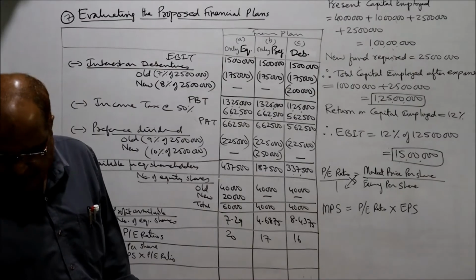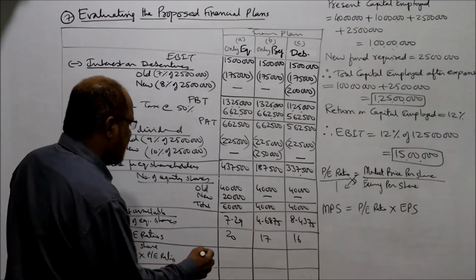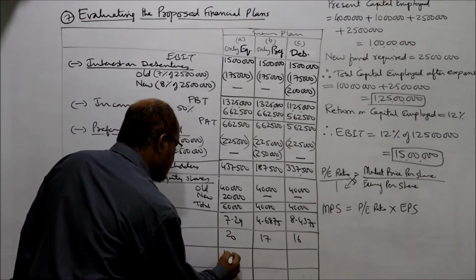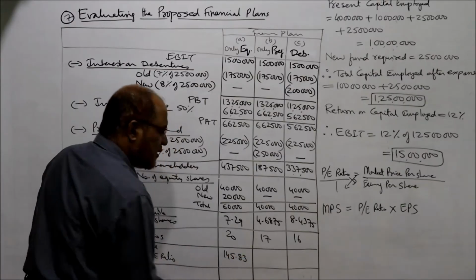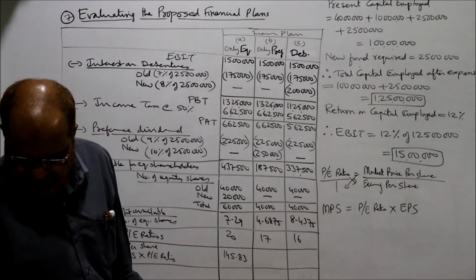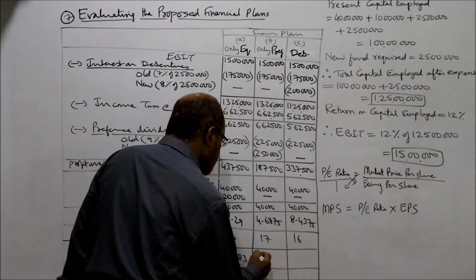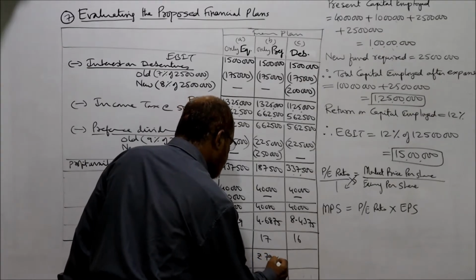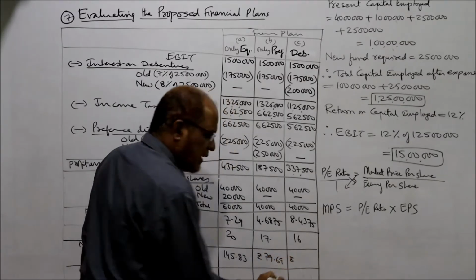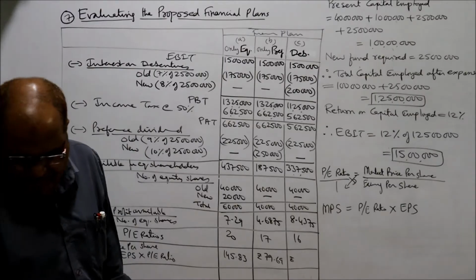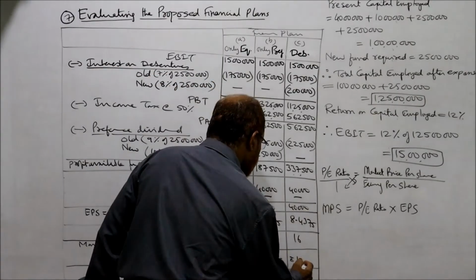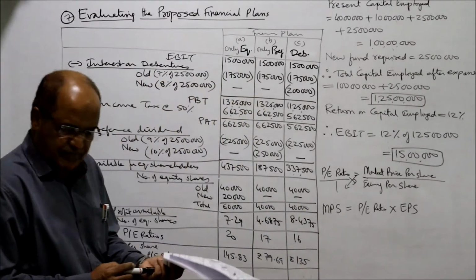When you multiply, it becomes 145.83. For the second one, you will get 79.69. For the last one, you will get 135. That's it.